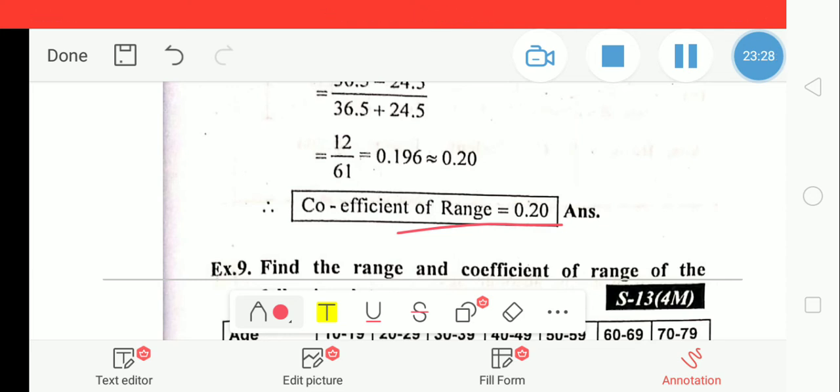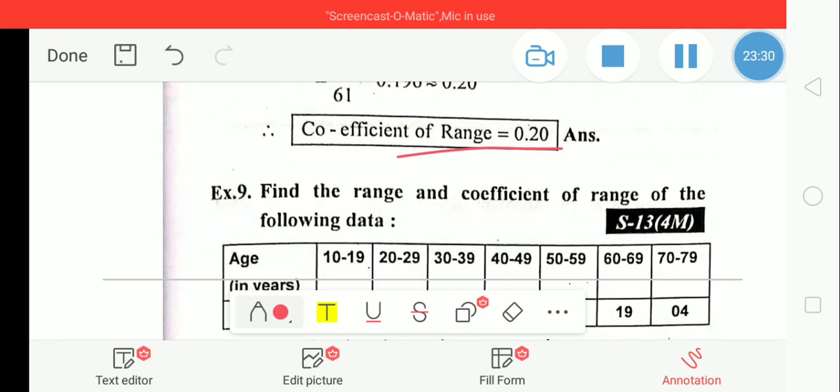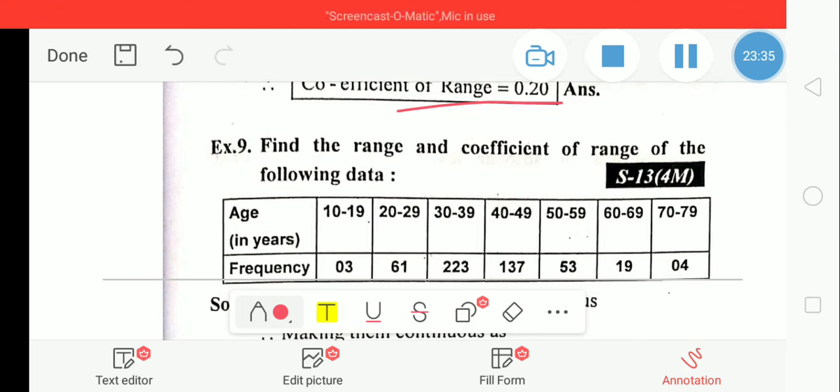Now find the range and coefficient of range of the following data.